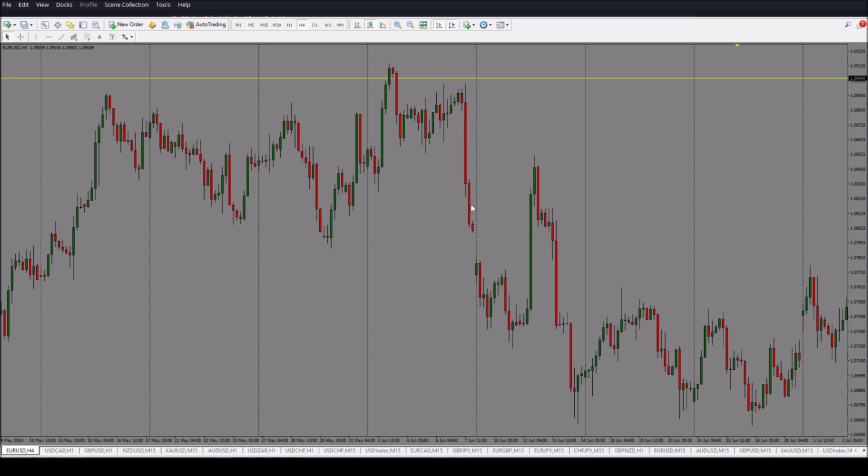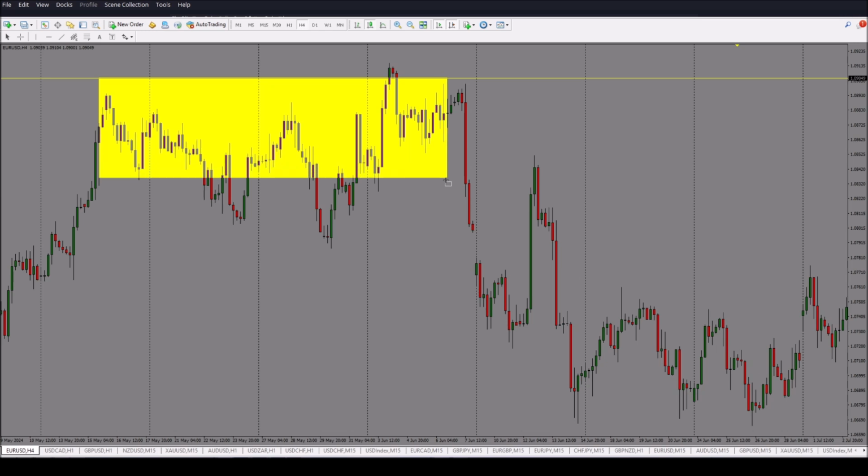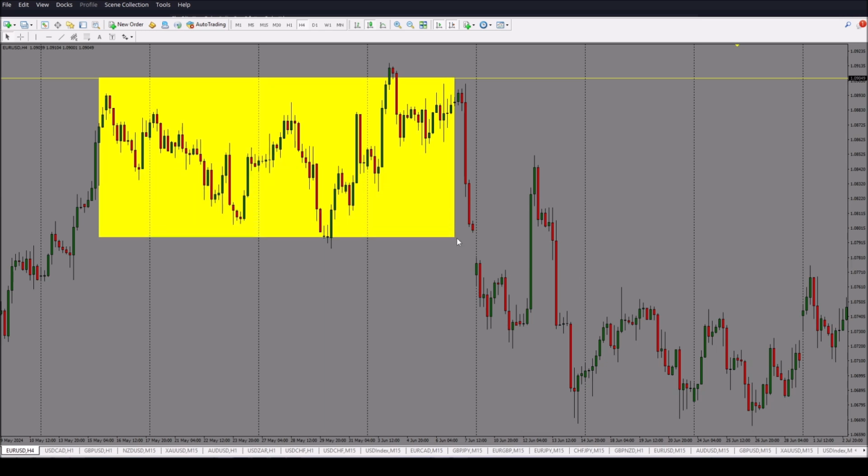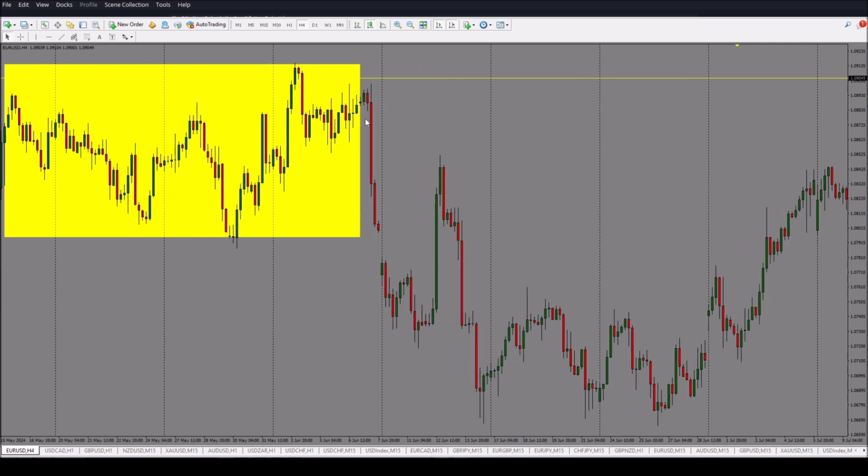We had a break of structure, breaking the low of this whole accumulation phase, and we now had the primary direction is down.